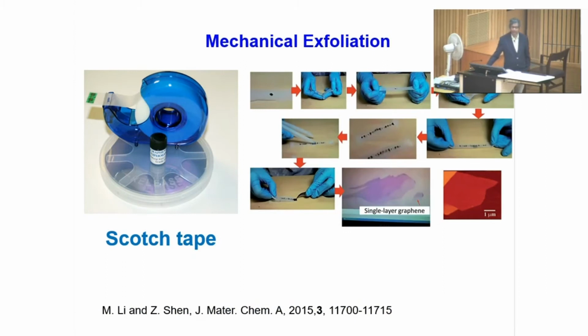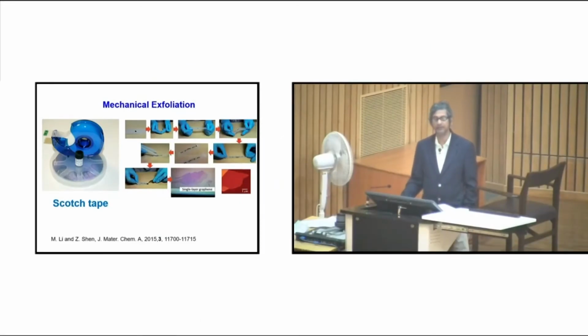Well, graphene can be produced by different routes. One of the ways is mechanical exfoliation. In mechanical exfoliation, you can take graphite and put it within double-sided tape, and then you can open this and peel off the tape. Once you peel off the tape, a thin layer of graphite can come off, and it can produce graphene.